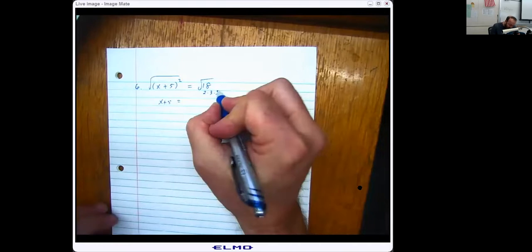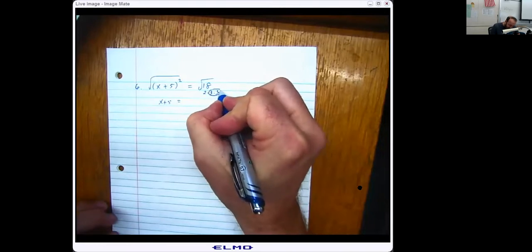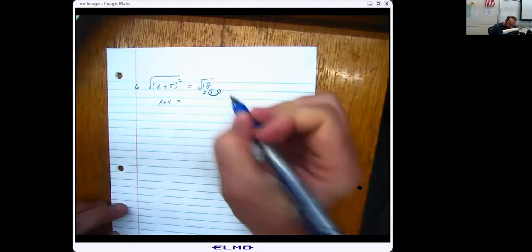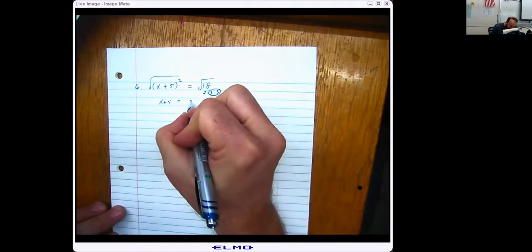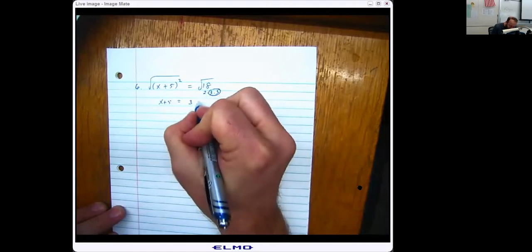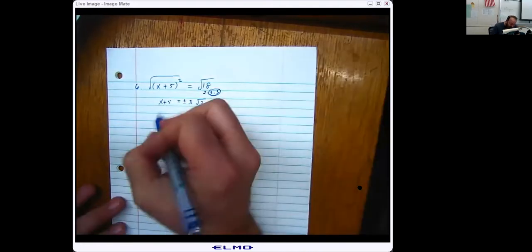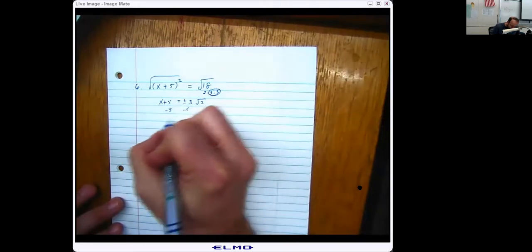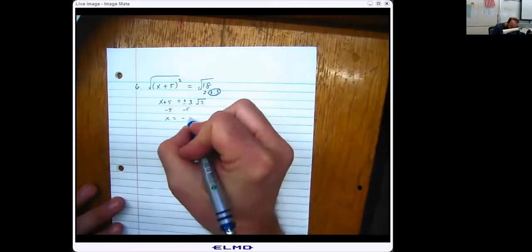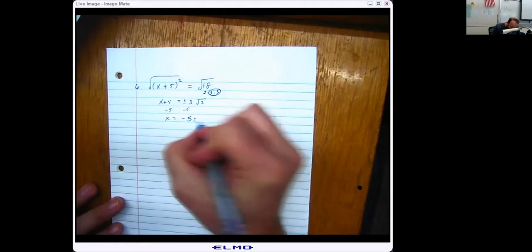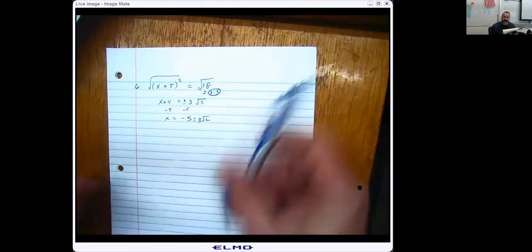So if we're going to play Go Fish, you're going to notice that we have our little pair of 3s right here. So we had our pair of 3s, and we had the 2 left in our hands with that plus or minus. So that's okay, but we have one more step to go, and that means we found that x is -5 plus or minus 3 roots of 2.